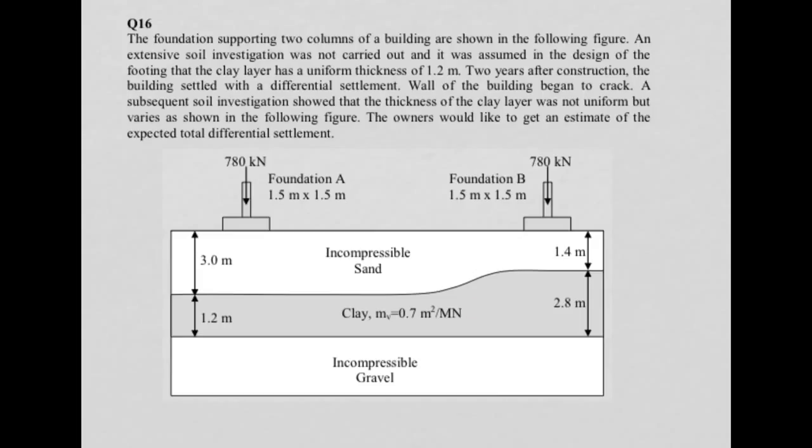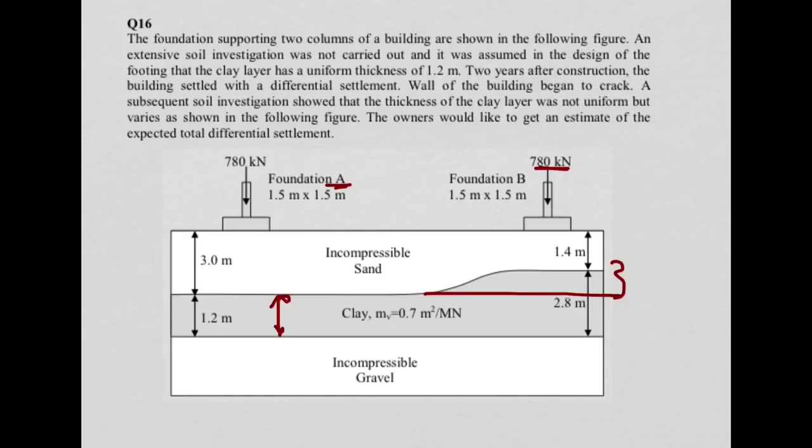But if you want to save some time, if we are looking for the differential settlement, we can easily say that the settlement due to this 1.2 meters under footing A is similar to the settlement under footing B. So what we want to do now is only to calculate the settlement due to this difference in the thickness.